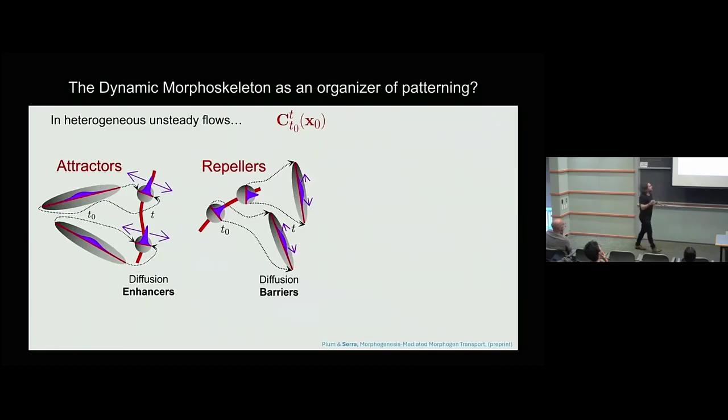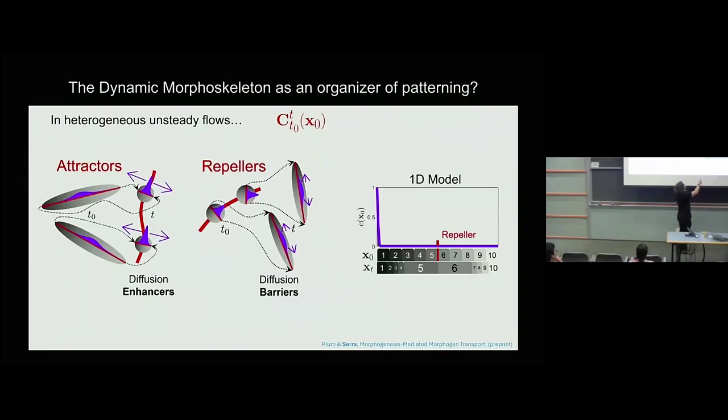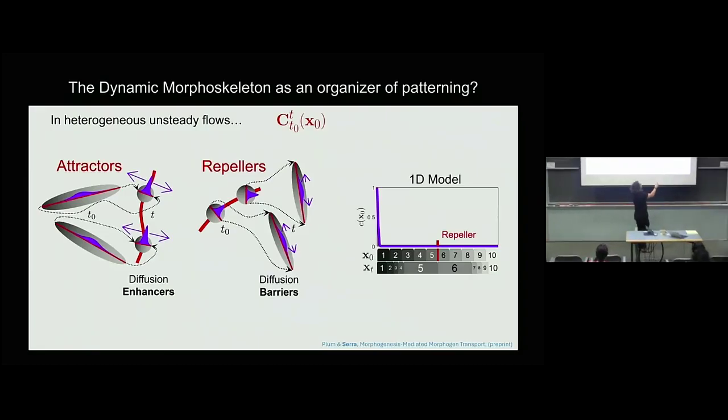Okay, so let's, for instance, see a one-dimensional example, and then we go to the cheek example, which is more complex. So let's say that you have a source here that emits a signal, and then you have your Lagrangian coordinate, and let's say that you have a repeller here. Okay. So if I now let this, and then I have degradation and diffusion.